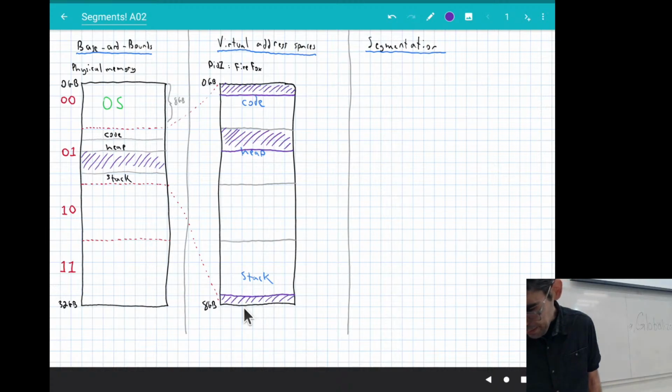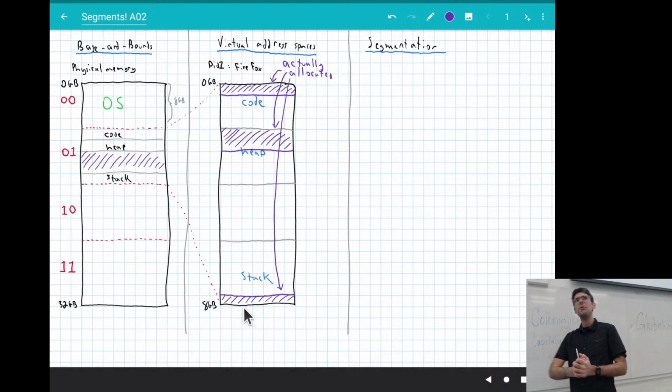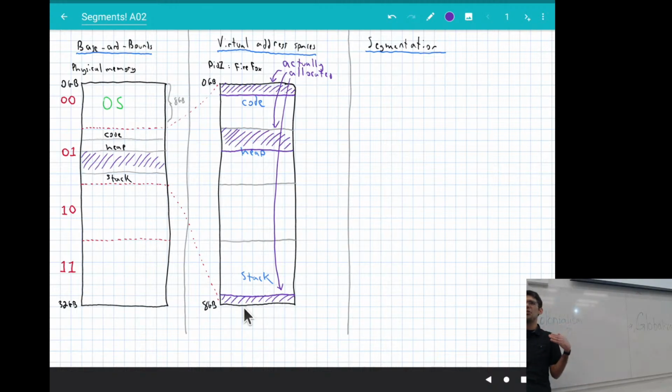And so these are things that are actually allocated by the process that we're working with. If we were to take this and put that into the partition that we've got for each of these processes in base and bounds, it's not just that part in the middle that has been allocated but is not used, but now we've also got these giant chunks that are going to be allocated and not used.